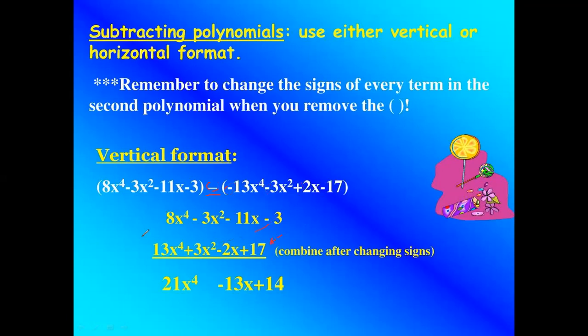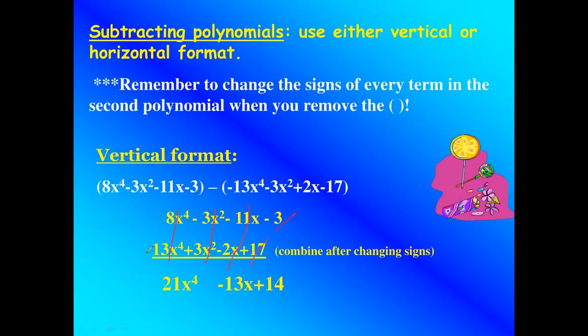So you have 8x to the power of 4 plus 13x to the power of 4 combined. Negative 3x squared plus 3x squared combined. And negative 11x and negative 2x combined. And we have also the constant combined.